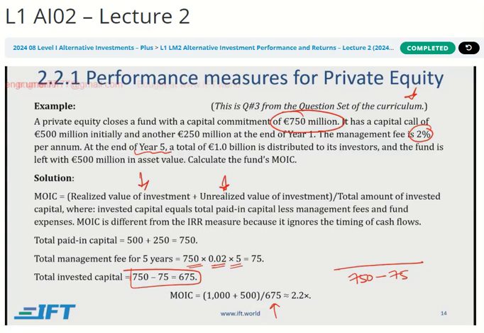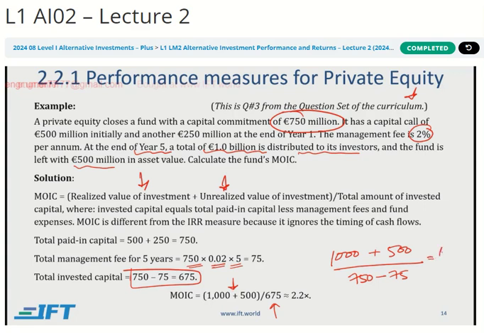Well, it says that the fund has given a total of 1 billion back. So 1,000 million has been realized, has been distributed back to the investors. And another 500 is left, right? And that's unrealized, but it's there. It's your money. And if you take that into account as well, that is what your numerator is going to be.